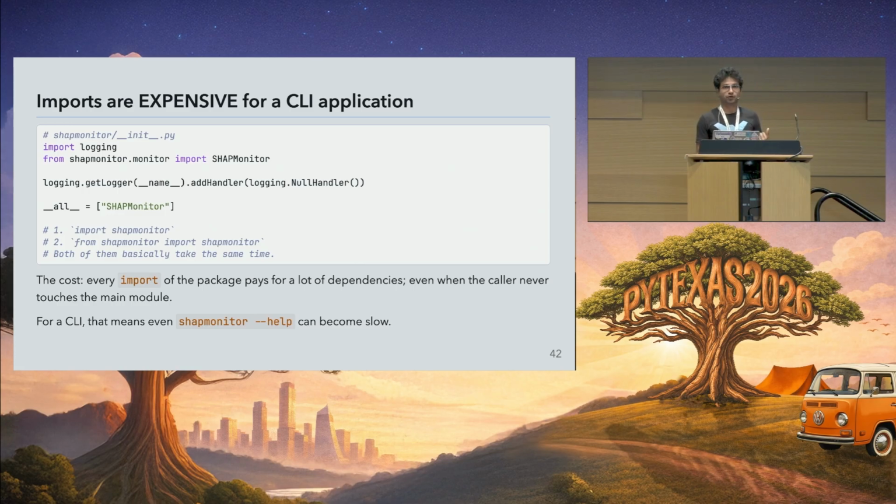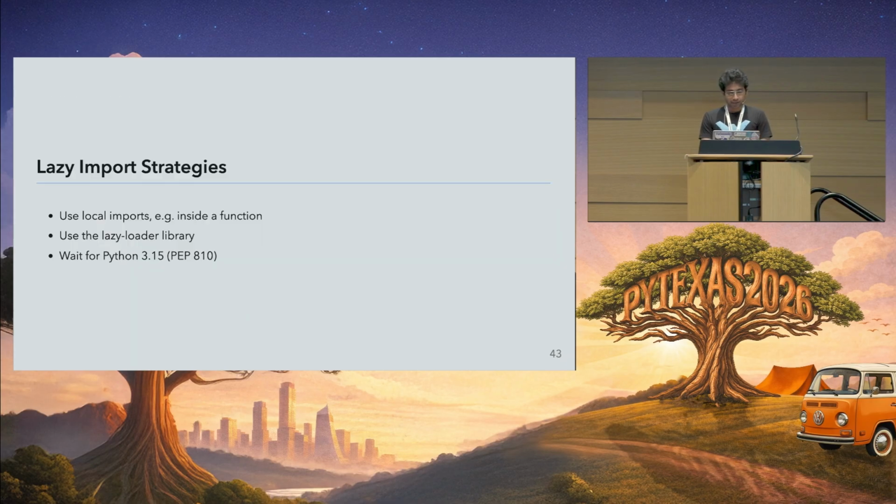When you run even something like shap_monitor help, this will get run, and you don't want that. You want the help commands to be really, really fast. There are many strategies, and we saw them in the talk as well, but what I personally do is use a lazy loader library for now, before we wait for Python 3.15, where we have that feature.